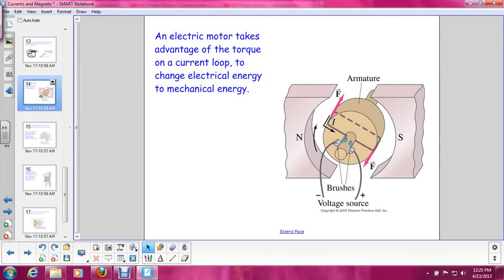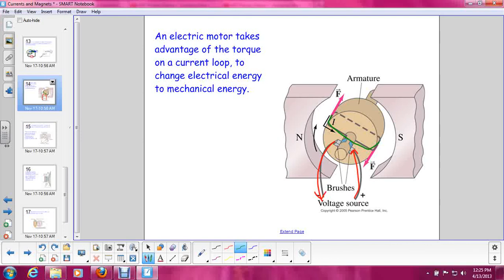Now, electric motors take advantage of an induced EMF. So what happens is you have a voltage source here, and that voltage source produces a current. So the current has its own magnetic field associated with it in this wire here.